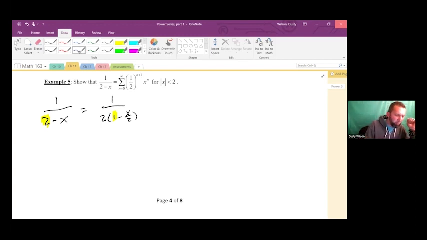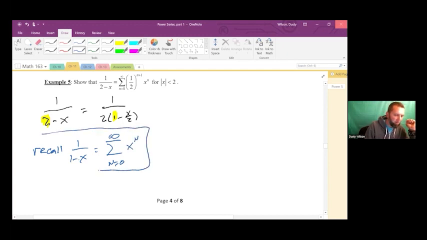Let me make sure you remember the formula we're working on. Recall that 1 over 1 minus x is equal to the sum from n equals 0 to infinity of x to the n. This is the formula that we just learned earlier. This is what we're referring to.